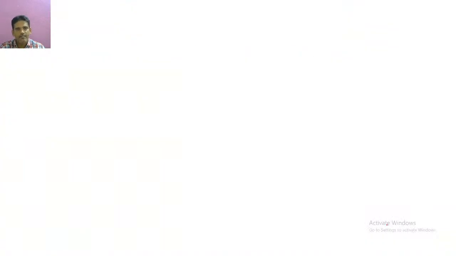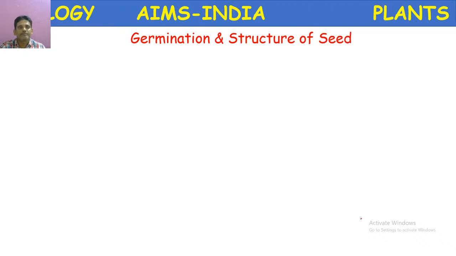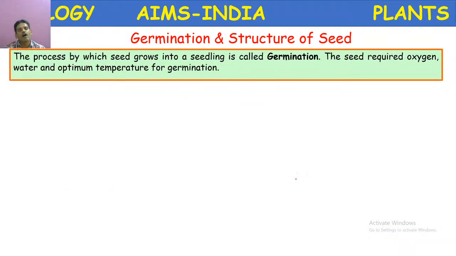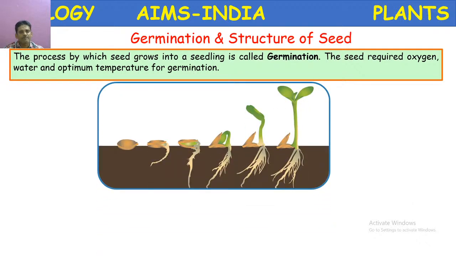Let us proceed. Next, germination and structure of seed. After fertilization, in plants, fruit is produced. In the fruit, the seeds are present. You can do this experiment at home also.